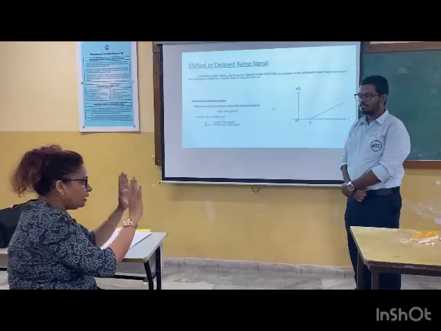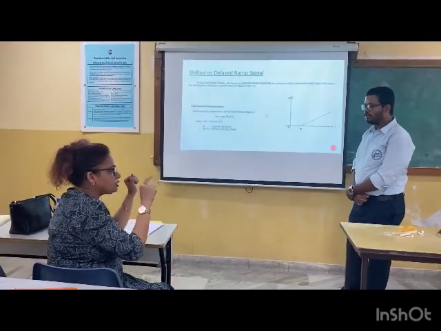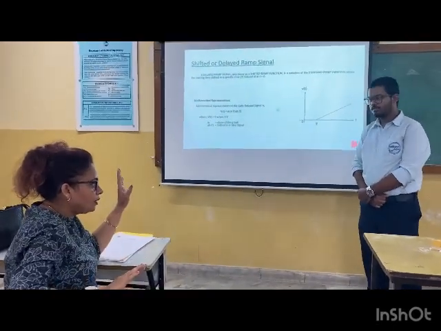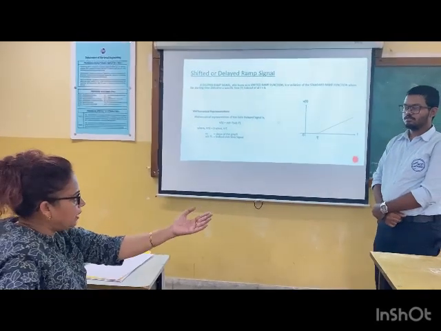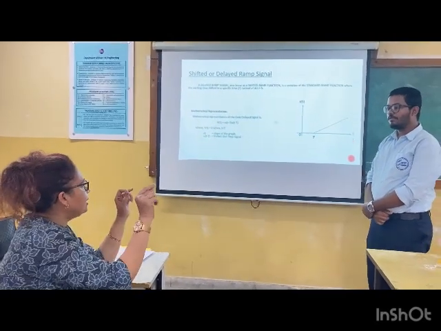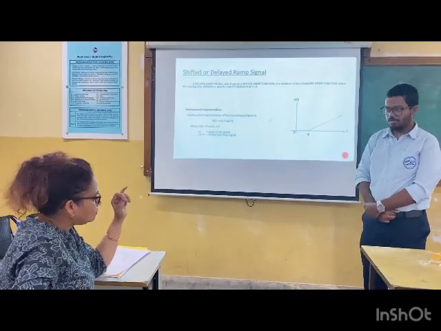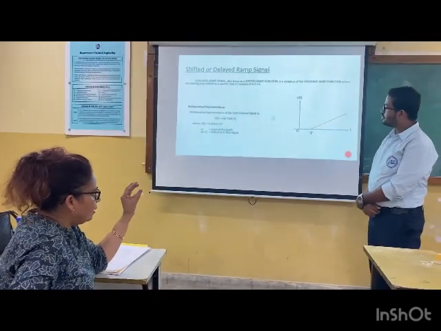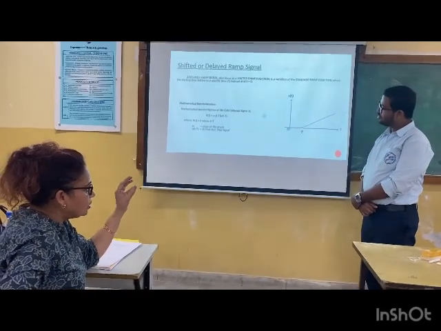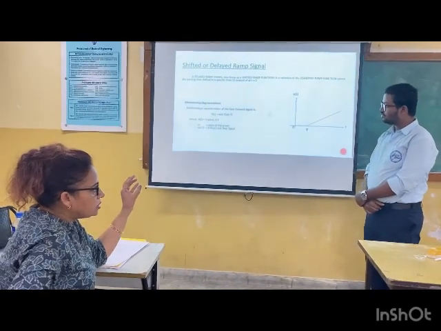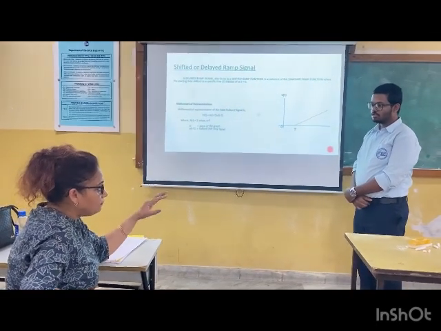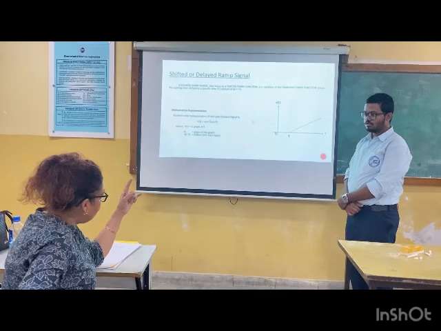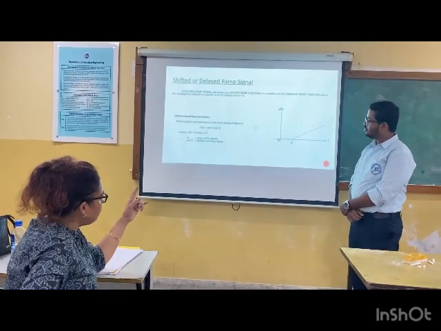Basically, if it is a plain ramp signal, what will be the equation? Is it kt or k u(t)? If there is a shifting, then it will be t minus capital T. So my question is, if a is a constant value that does not depend on t, then you have written a(t minus T).